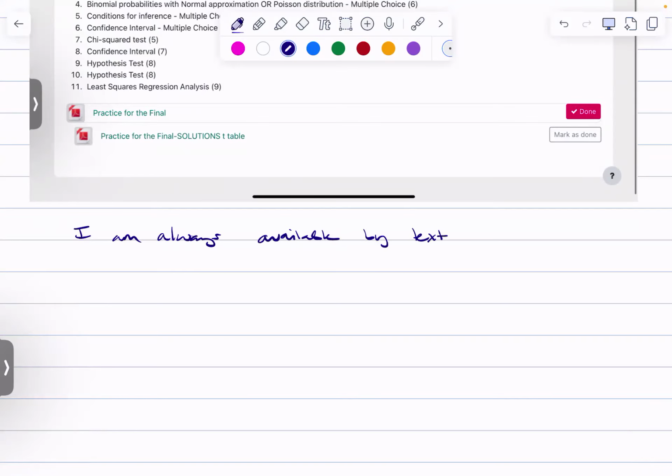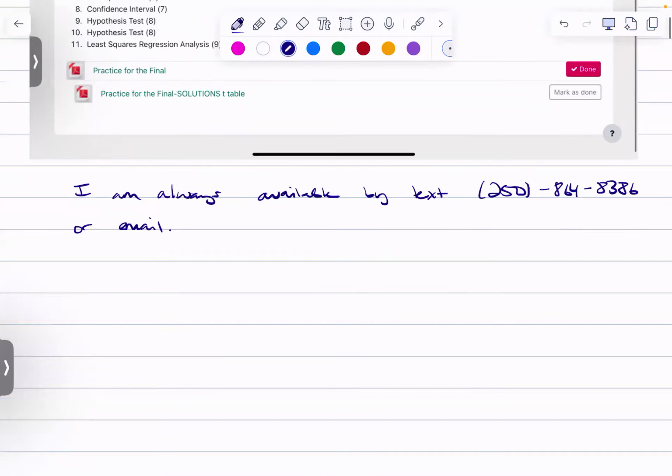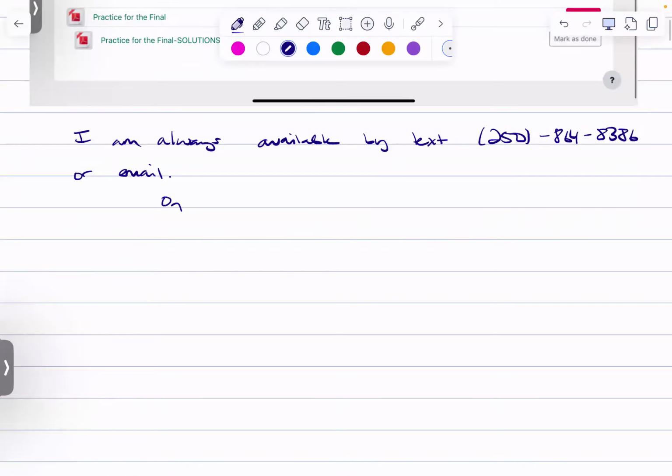By text, it's 250-864-8386, in case you missed it, it's everywhere on Moodle. That's not a 4. Or email, which I assume you have. But in person, I'll be on campus in my office.